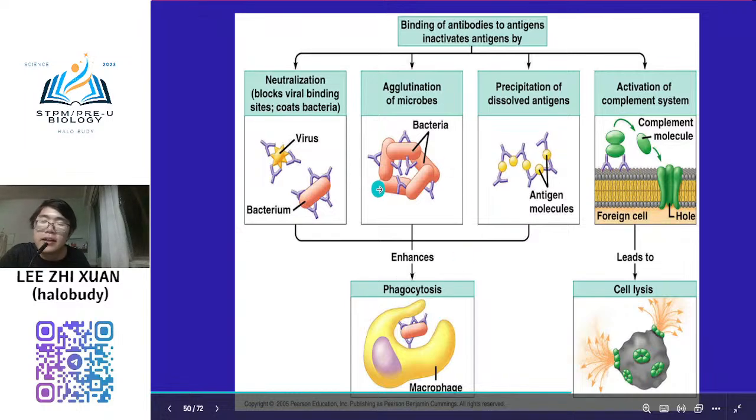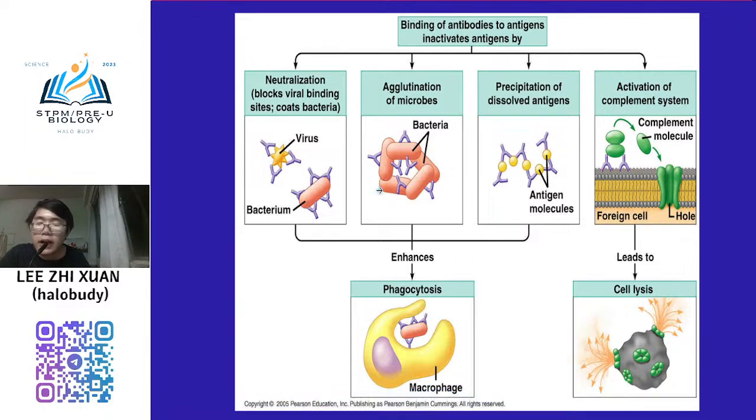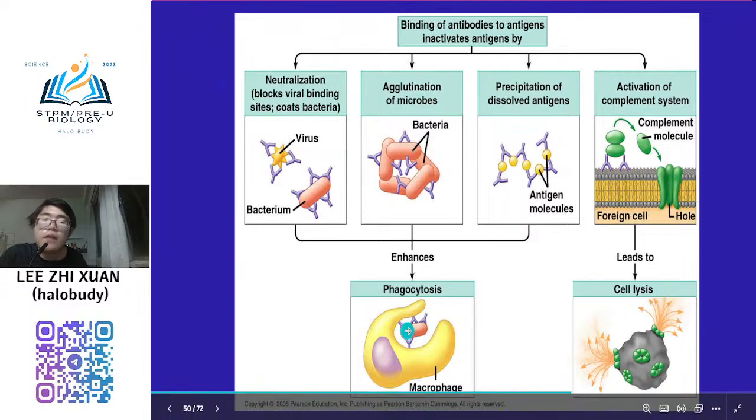But in STPM, we will add more substance. The mechanism we call activation of the complement system, or complement activation. Neutralization, agglutination, and precipitation are totally the same as what you learned in SPM, and at the end of the reaction, they will trigger phagocytosis.